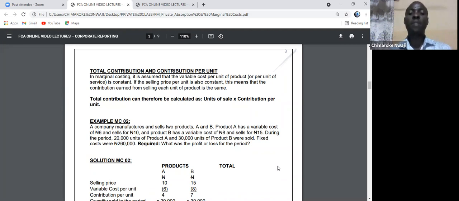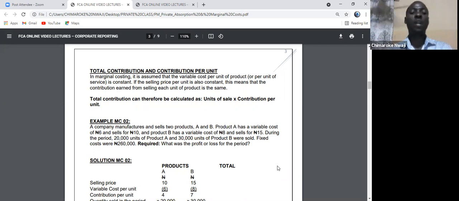So if the selling price is constant and the variable cost is constant, then the contribution earned from each sale, which is the contribution per unit, should also be constant. The selling price is constant, the variable cost is constant, and so the contribution per unit should be constant in unit terms.